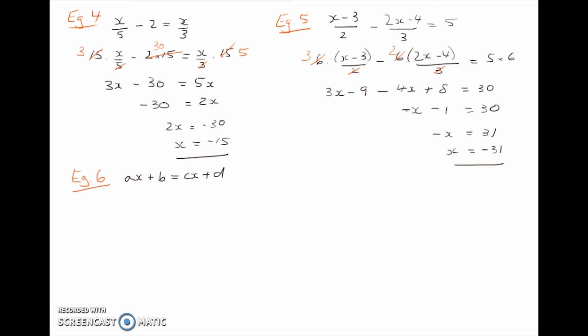Now, because we're solving for x, we're going to collect all our x terms over to the left-hand side. So our cx on the right is positive, so we need to move it to the left. We're going to subtract cx from both sides. And when we do that, we're going to have on the left-hand side ax minus cx plus b, and then on the right-hand side, we'll be left with just d.